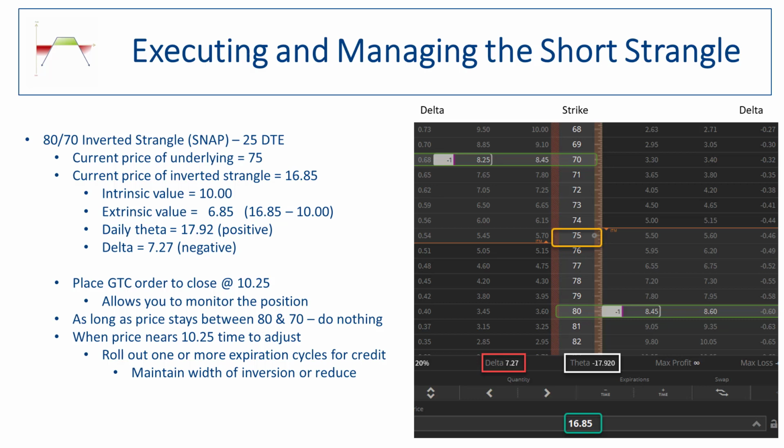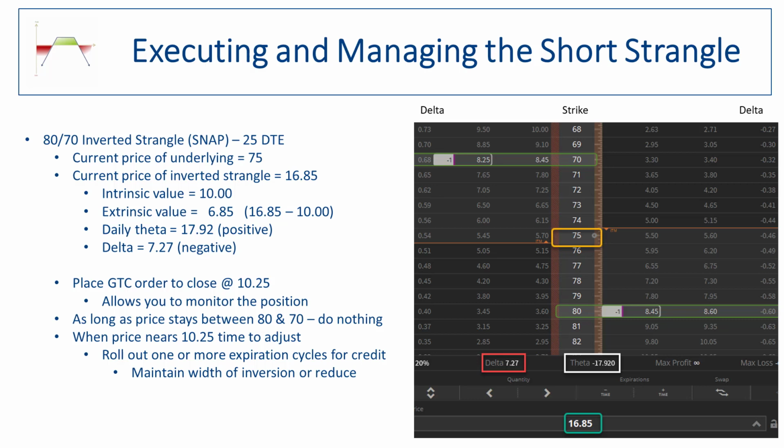The current price to close the position is $16.85. The intrinsic value of the 10-point wide inverted strangle is $10. The extrinsic value is $6.85. That is derived by taking the current price to exit the inverted strangle, $16.85, and subtracting the intrinsic value of $10.